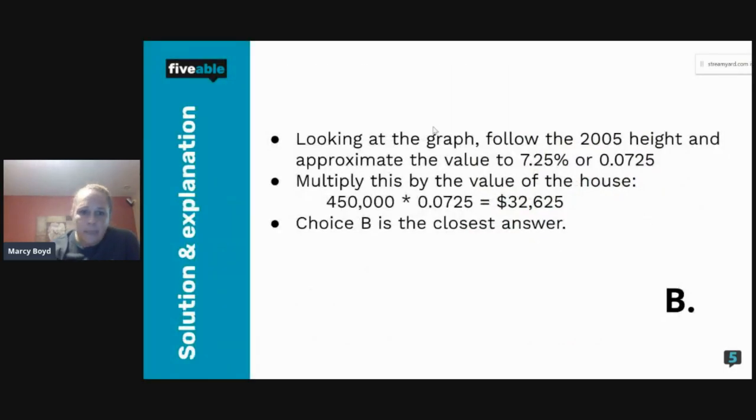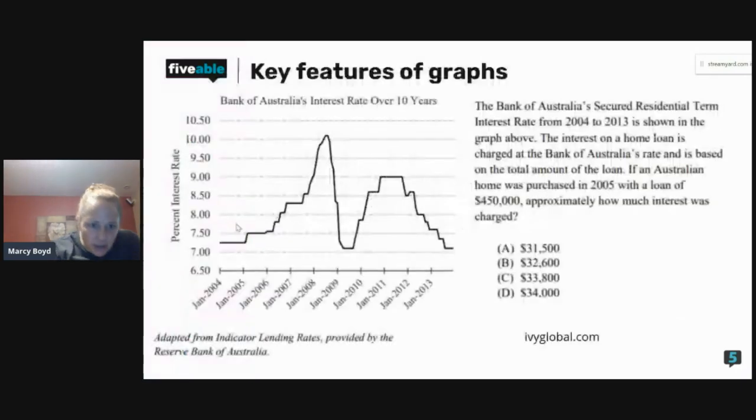But so I wrote it down here. Anyway, looking at the graph, I followed 2005's height and approximated it. So I said it was about 7.25. Right here is where I said 7.25, but it's between. It could even be right in here, right? So I have between 7 and 7.5.